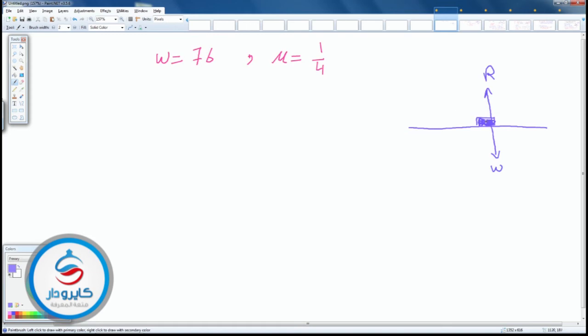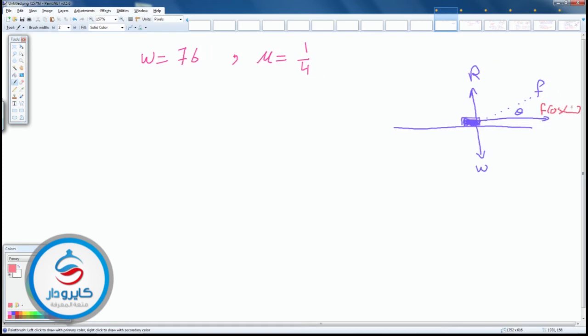Now he said that the body is pulled by a force F, inclined here by another angle theta. So we make a resolution for F, to be F cosine theta here, and F sine theta here. Don't forget to write mu R.